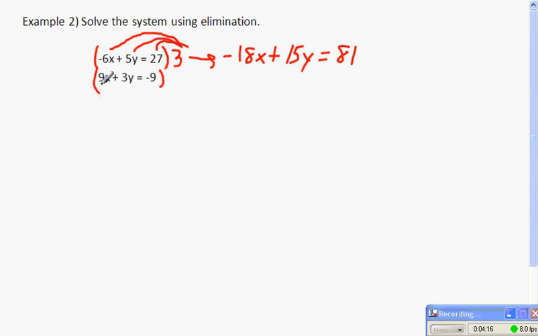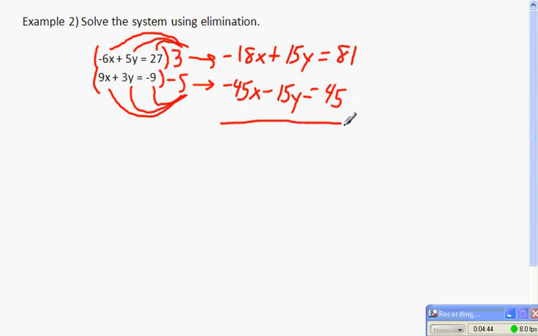In order to do that, I need to multiply this bottom equation by -5, and then go ahead and distribute. -5 into a positive 9x is a -45x. -5 into a positive 3 is a -15y. And -5 into -9 is a positive 45.